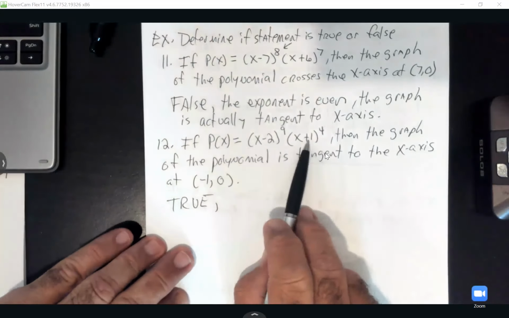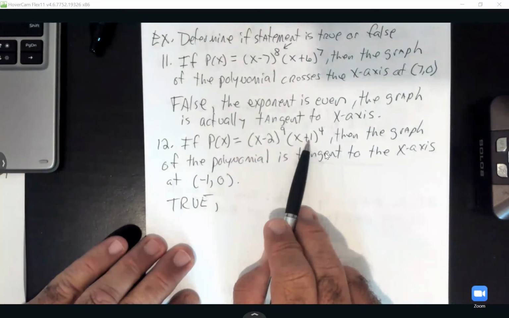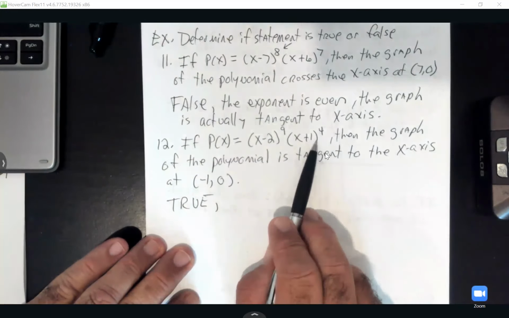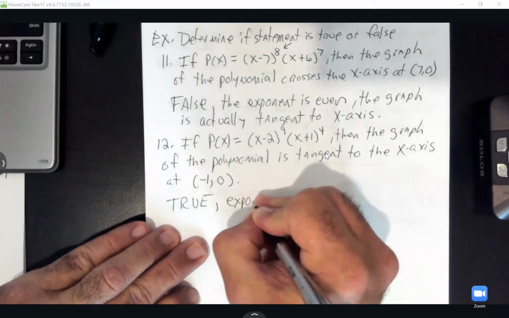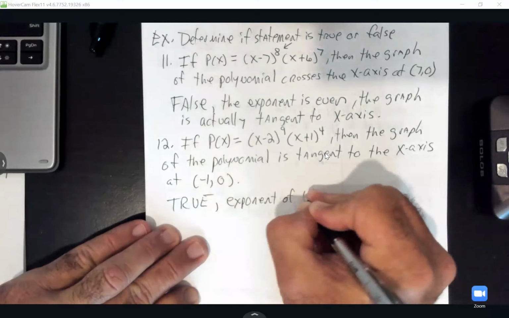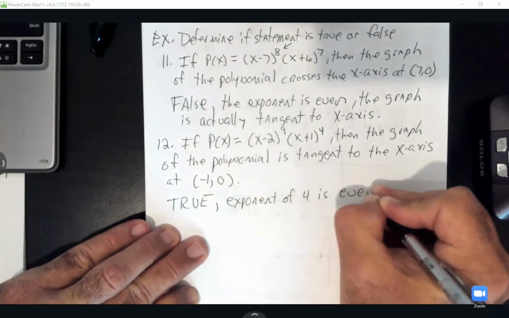because for that factor the exponent of 4 is even.